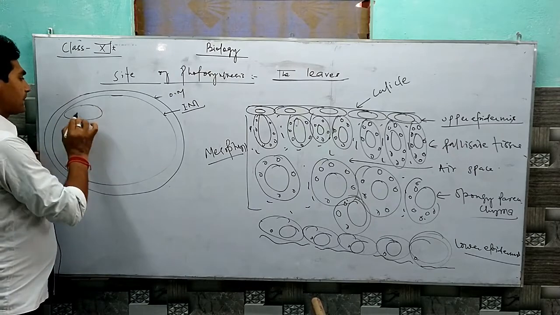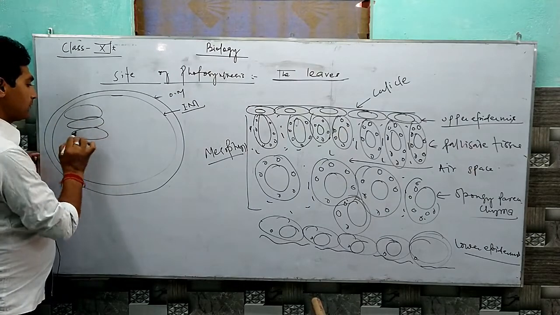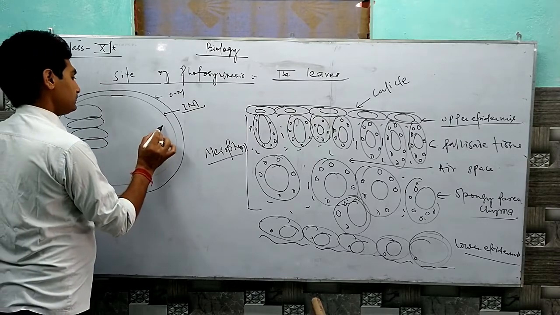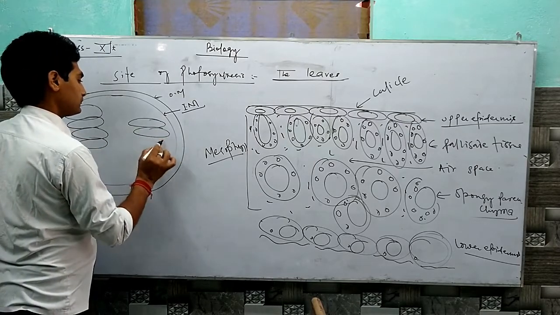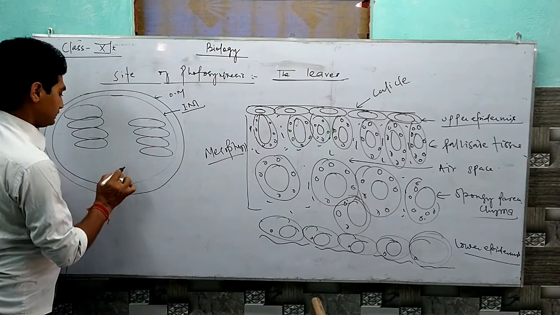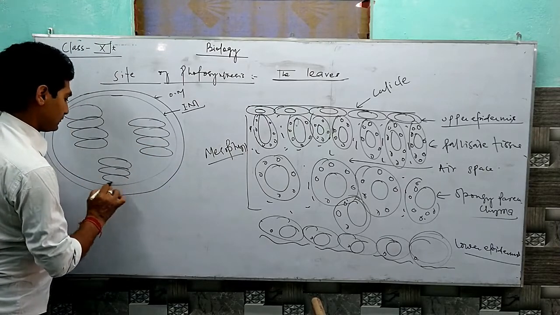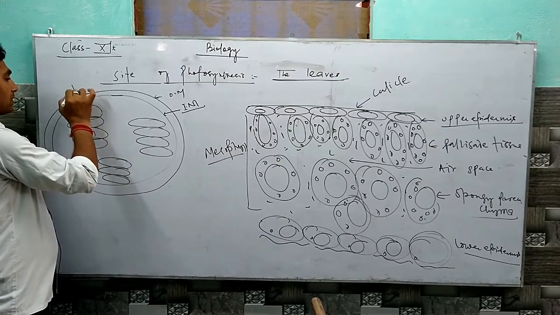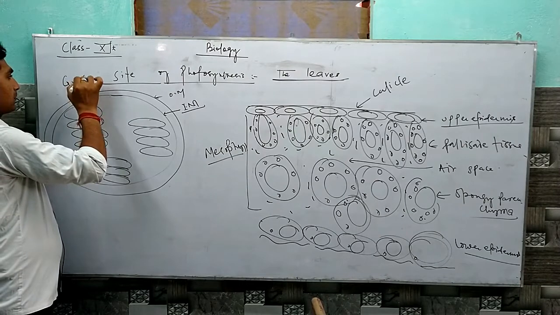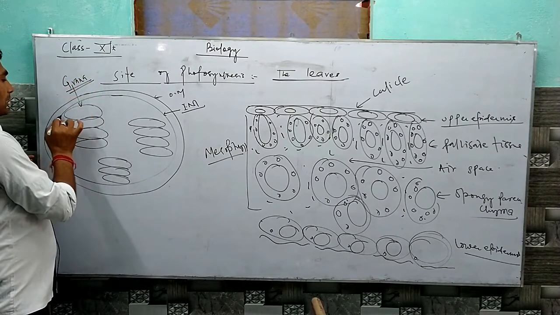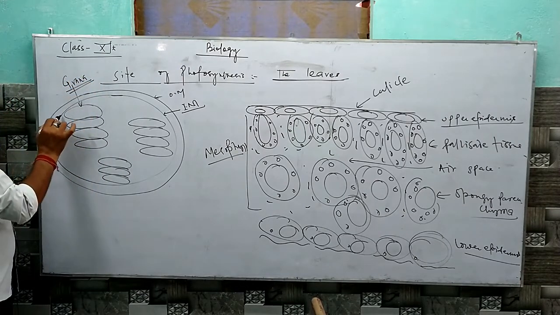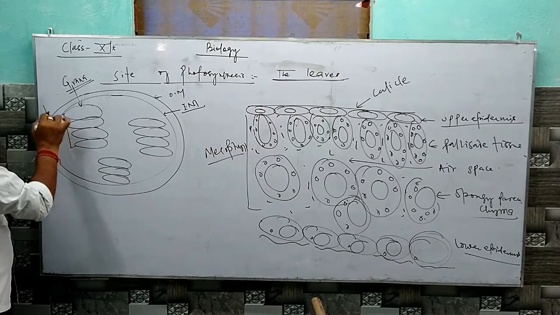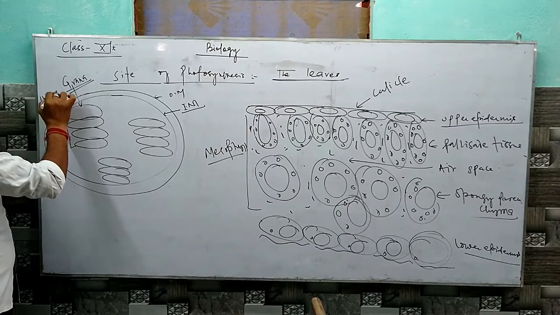This is the grana. When a number of grana overlap upon one another, this is called thylakoid.